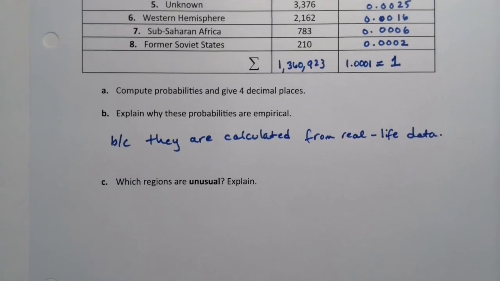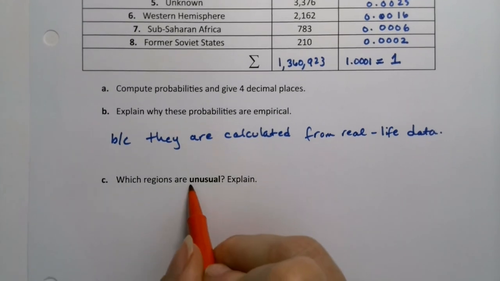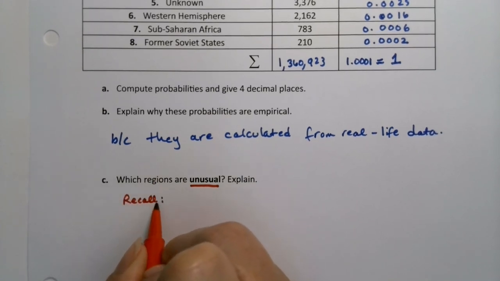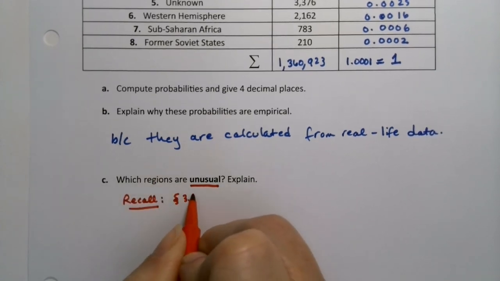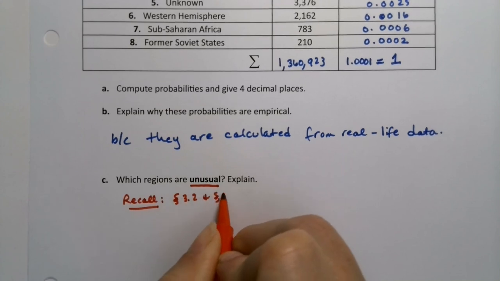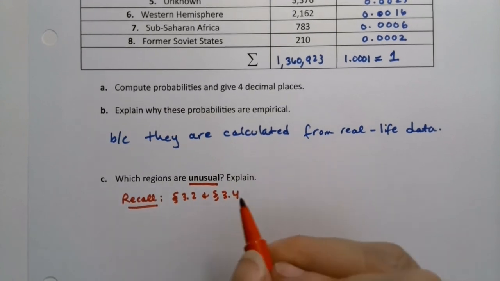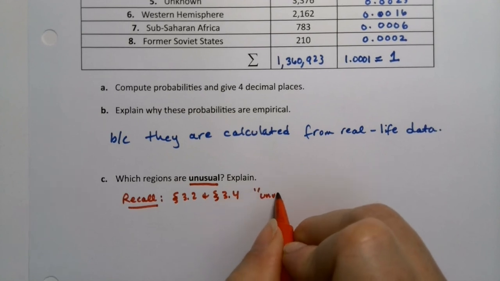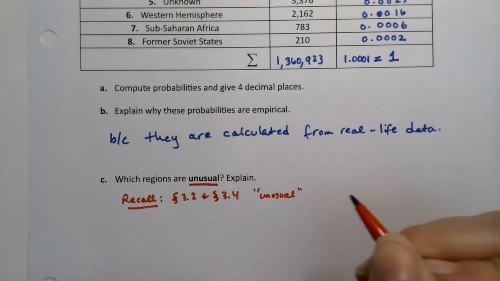Now, which regions are unusual? Well, reminder that we learned what unusual was back in section 3.2 and section 3.4, I believe. Unusual means two things, one of which is not going to be very helpful to us in this chapter.